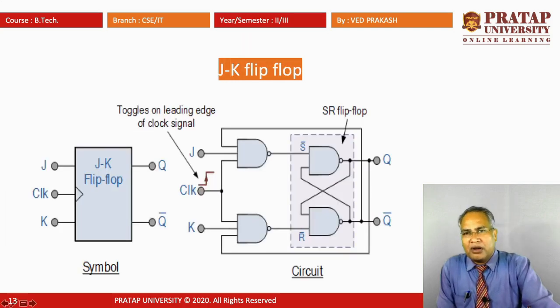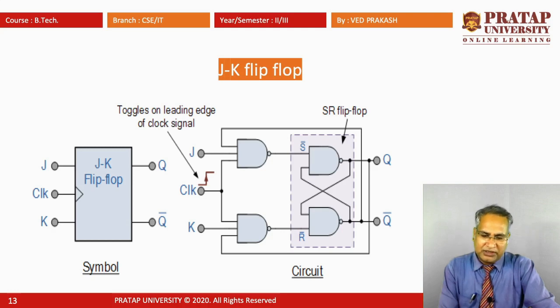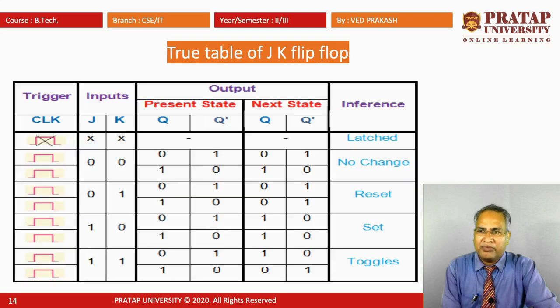Now our next flip flop is the JK flip flop. Basically in the JK flip flop we also use the RS flip flops, and we use an additional clock circuit with the RS flip flop. When the clock signal is low, we can get the truth table of this.